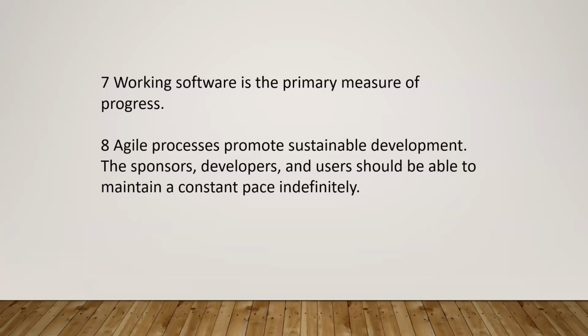Okay, that's one thing. And when we are saying promote sustainable development, in the sense, to my knowledge, it means something reliable. Yes, agile process promotes sustainable development. It should create an environment where the development team together with the business has a development which is ongoing.